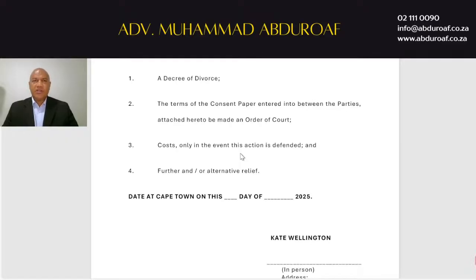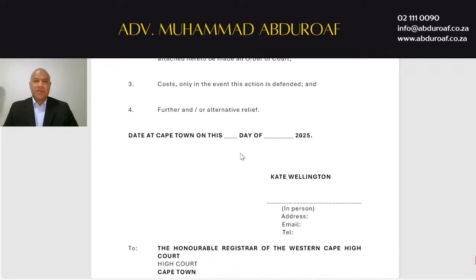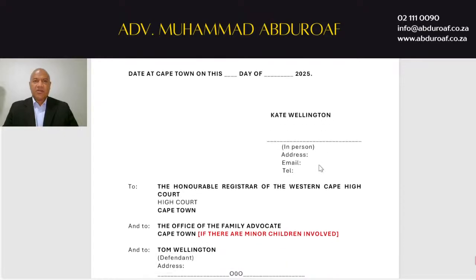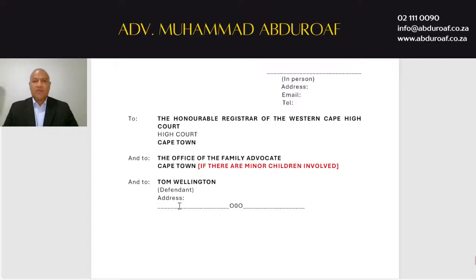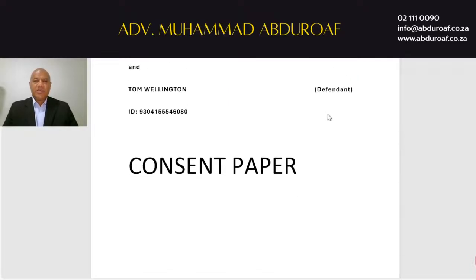It's possible that Tom may say, you know what, I no longer want this consent paper, I'm defending this divorce, which could be problematic because he entered into a consent paper. And further, an alternative relief. And then again, Kate signs this document. It's sent to the High Court, the Office of the Family Advocate if there are minor children involved, and of course to Tom. Now let's deal with the consent paper.